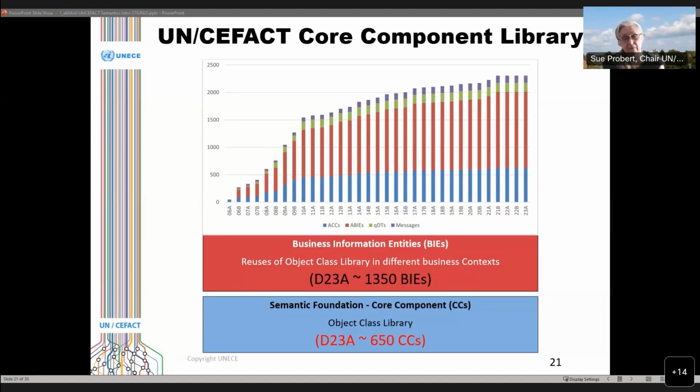So this indicates the harmonization that we're achieving by using this. The green layer is the messages, and the top layer is the data types for codeless, but we won't go into that right now. But it gives you some idea of the extension and the size of the core component library since its first publication in 2006, which was 50 base core components only. Thank you.